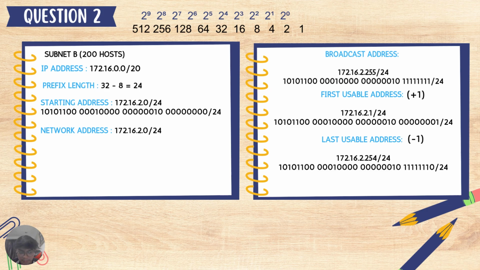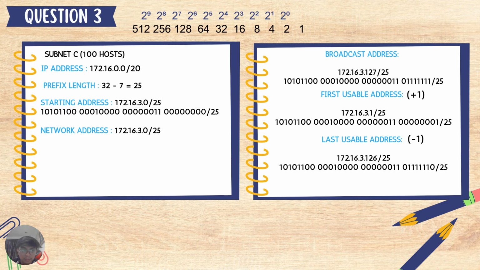Next is the first usable address. We need to add 1, like we explained before, so it becomes 172.16.2.1/24. Next is the last usable address, which is basically similar. We need to subtract 1, which will become 172.16.2.254.